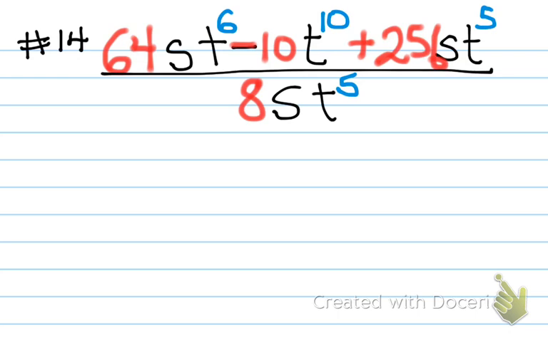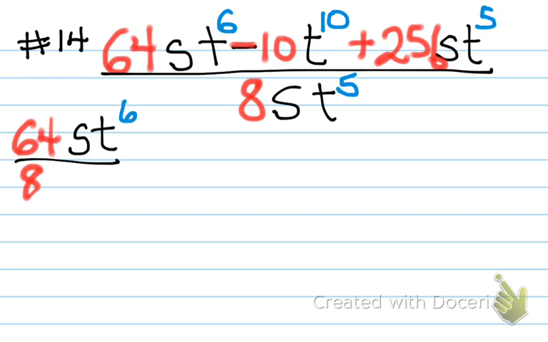Okay, we must divide the first polynomial, 64 s t to the 6th power. We must divide that by 8 s t to the 5th power.